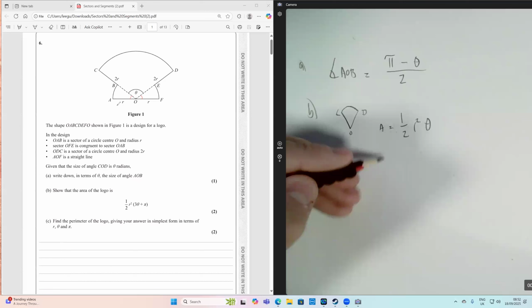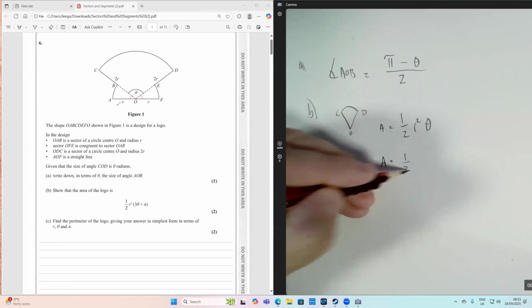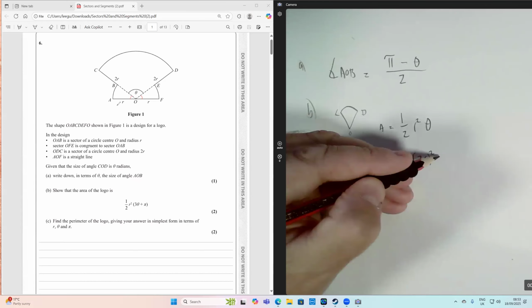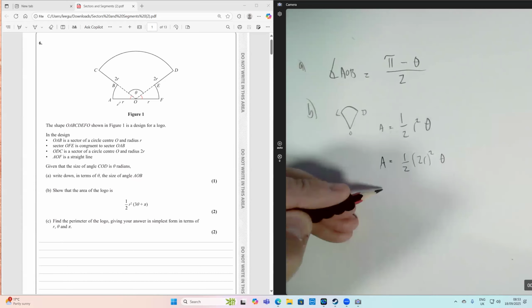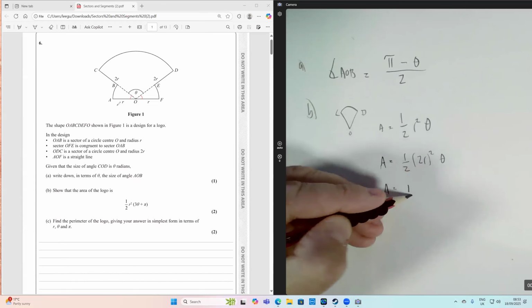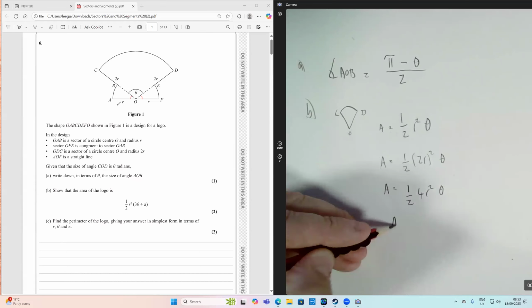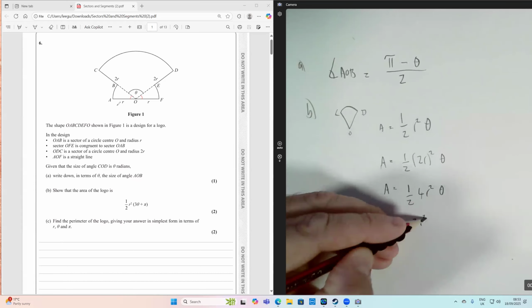So we've got a half, and our radius is 2r, so 2r squared, times the angle, which is theta. So that area is a half times 4r squared theta, which is 2r squared theta.